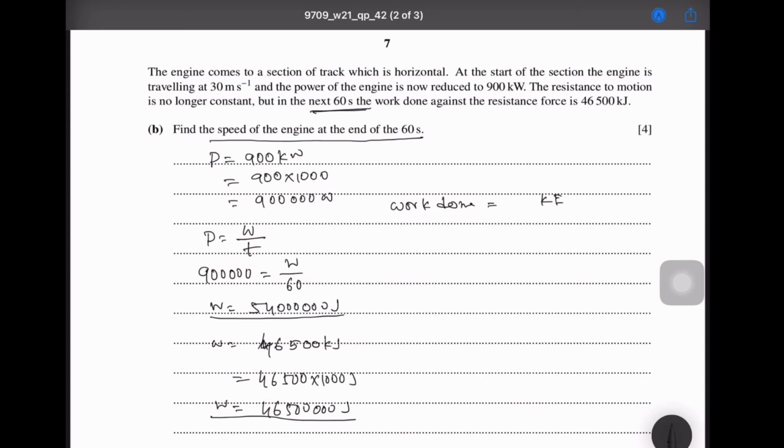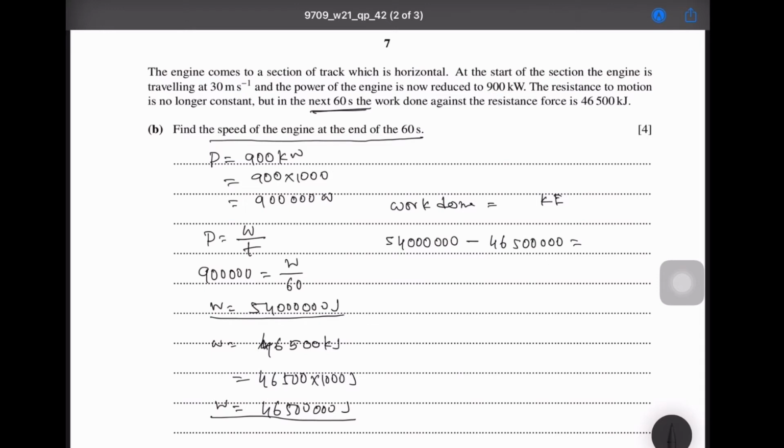So work done by driving force minus work done by resistive force equals increase in kinetic energy.